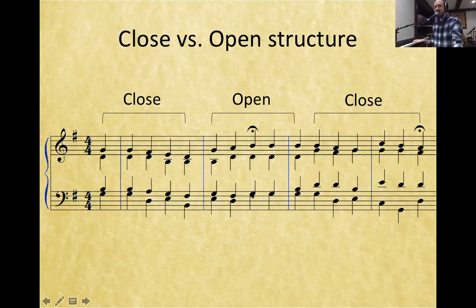The tenors are on G, and then the altos are on D. So we've skipped the note B, and then from the altos, instead of going to G in the sopranos, it's on B, right? So that's that open structure. You only need to look at the tenors and the sopranos, but that's the result, right?